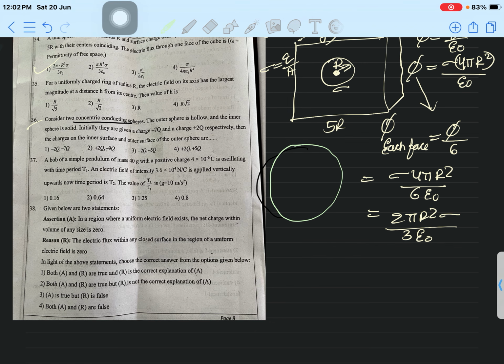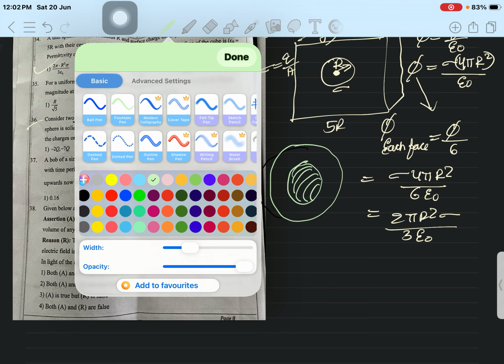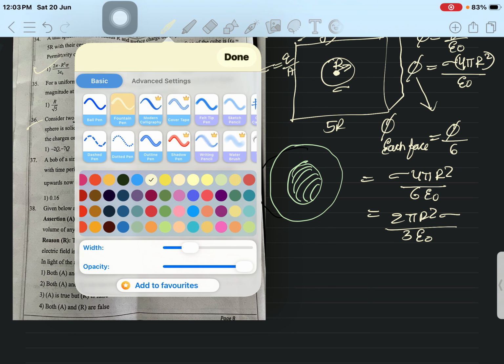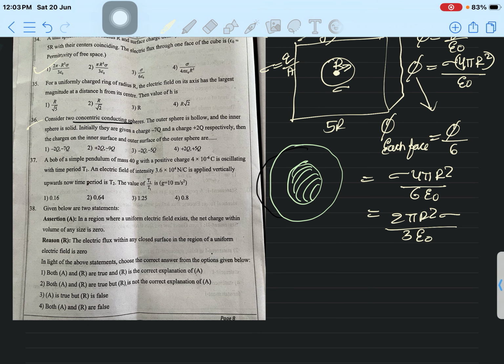Now they have given a charge of minus 7q on the outer sphere, plus 2q on inner sphere, sir. Okay, both are conducting spheres, so entire plus 2q will stay on the surface of inner sphere, minus 7q will be on the outer surface of outer sphere, sir.